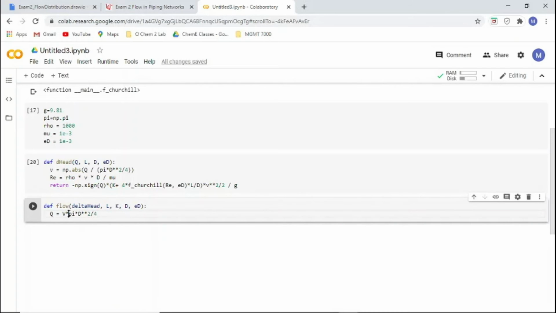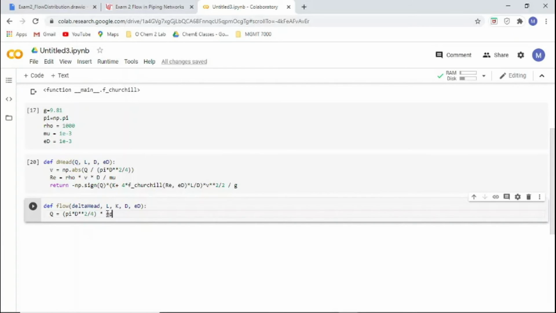So we can go ahead and delete that part, and we're going to put this in parentheses and multiply the area by the velocity, using the equation that we got from the energy balance and solving for velocity instead of the delta head.